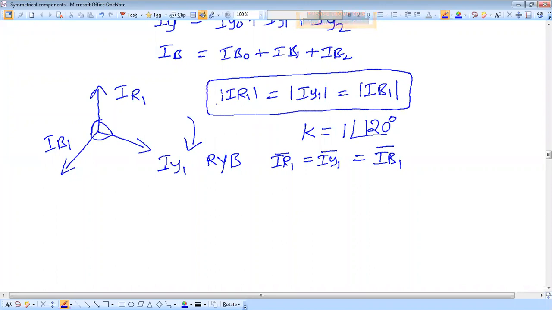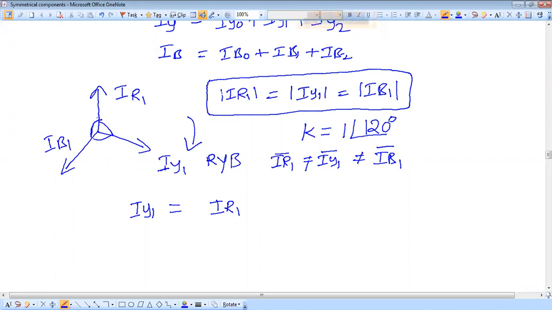In this case, the positive sequence component is the balanced component, but the vectors are not equal; only the magnitudes are equal. So I want to write the IY1 vector in terms of the IR1 vector. The IR1 vector magnitude and IY1 vector magnitude are the same. The difference is the angle, in the anti-clockwise direction, of the Y phase with respect to the R phase.